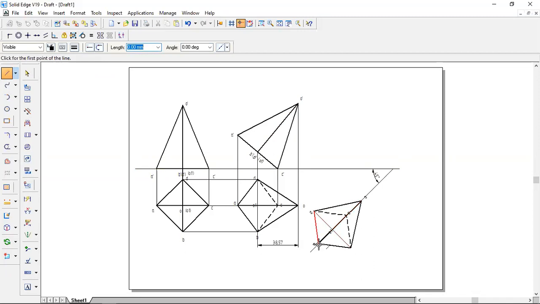This is A. From this point, A lies here. Then from D, this is the end point.